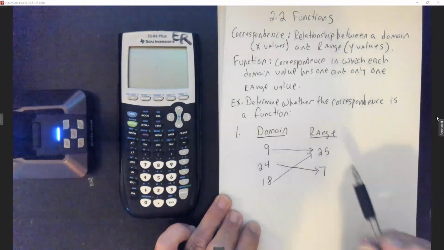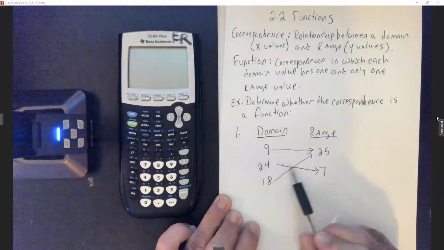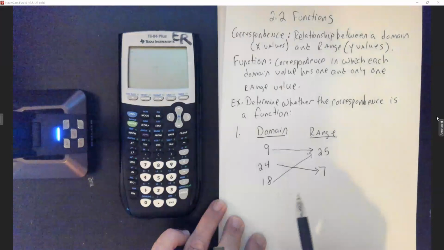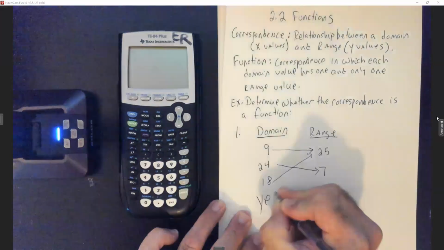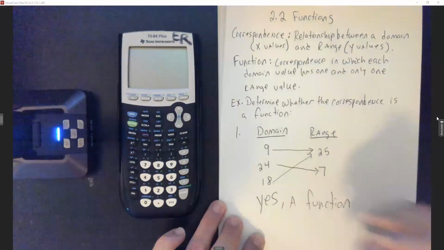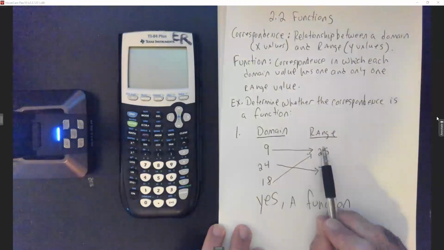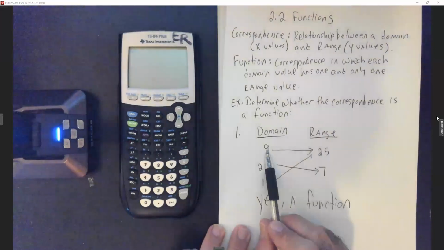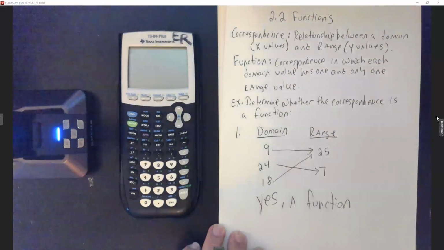And then the 18 in the domain only points to the 25, so it only has one range value, so this would definitely be, yes, a function. So notice, they can share ranges, but none of these domains can point to more than one of those range values, okay?